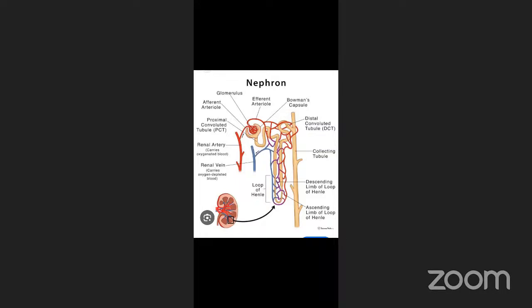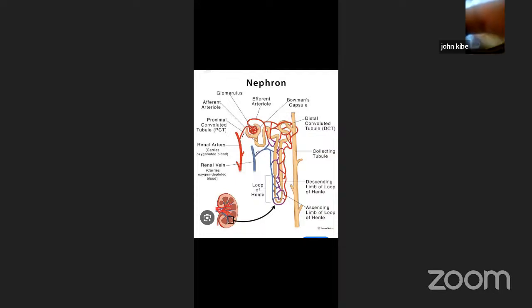It's adapted in such a way that it's cup-shaped, or funnel-shaped, to contain the glomerulus, and also to receive the glomerular filtrate, which then gets into the proximal convoluted tubule.